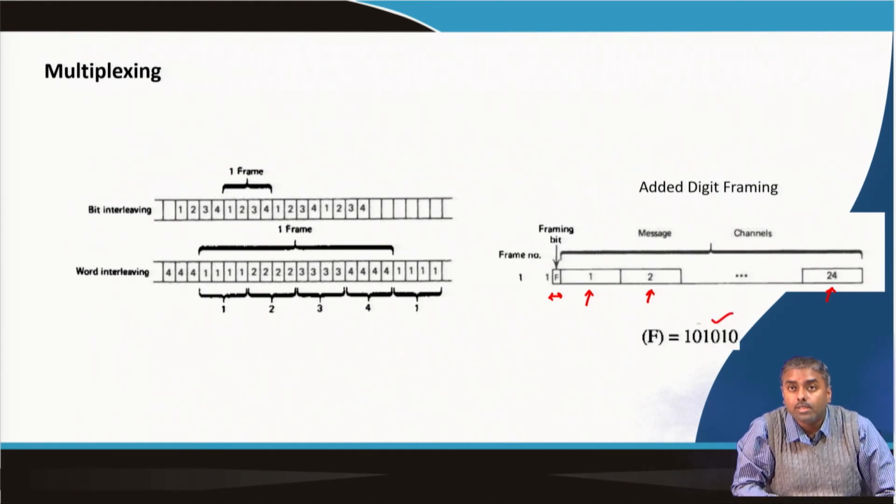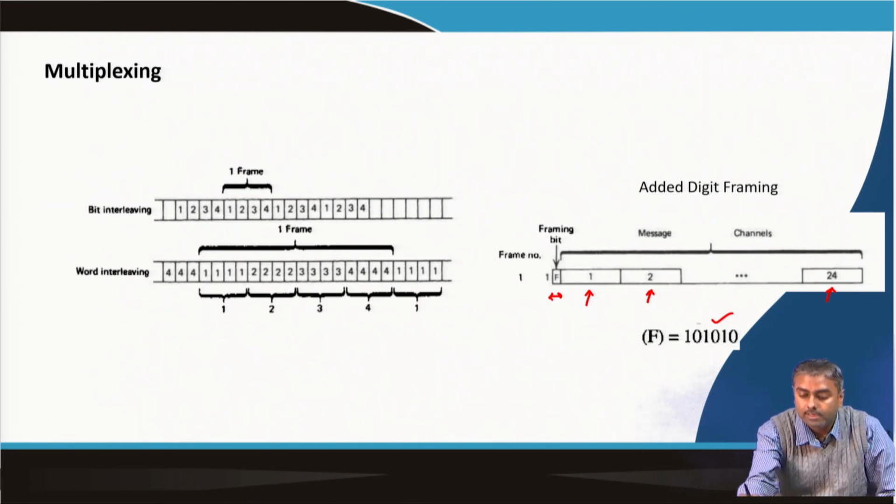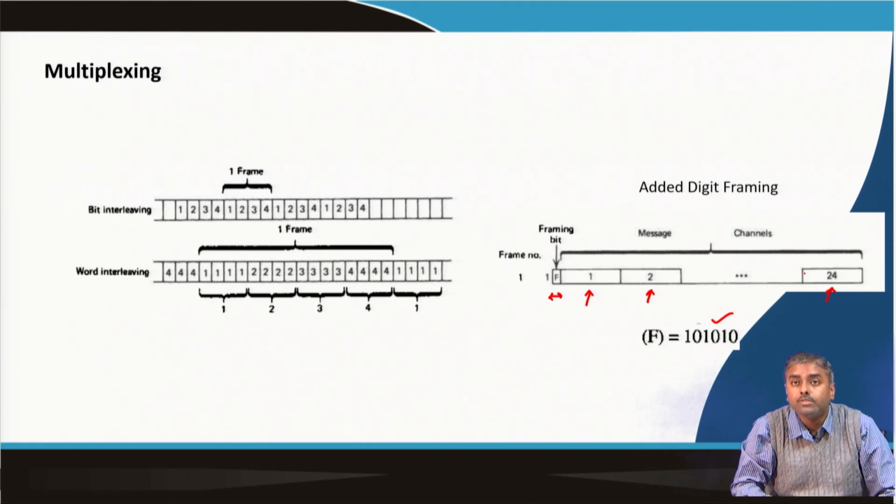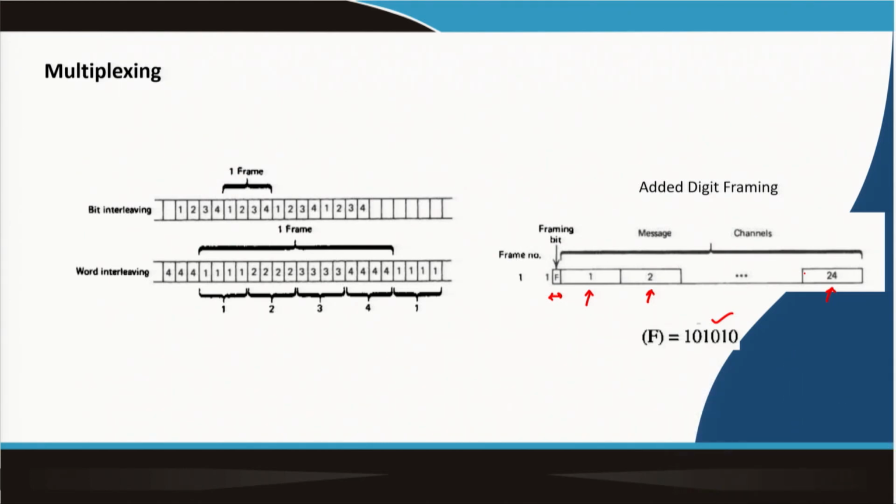This is a 4 kilohertz signal, which may not be present in any of the voice signals, because they do not have that frequency. That is where we do frame synchronization. So, 193 bits per 125 microsecond frame, each carrying one PCM encoded sample from every voice signal.